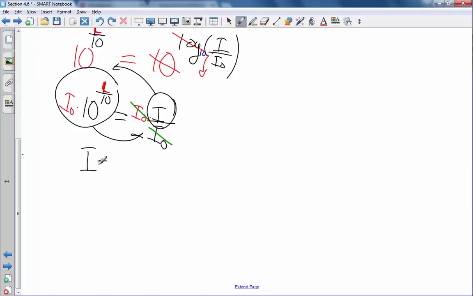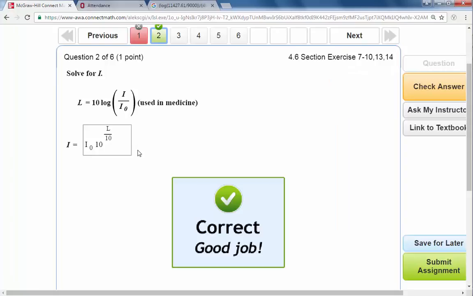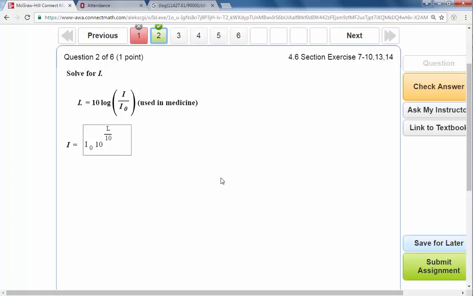So I equals I sub 0 times 10 to the L over 10. Alright, this time it worked because we didn't simplify anything.